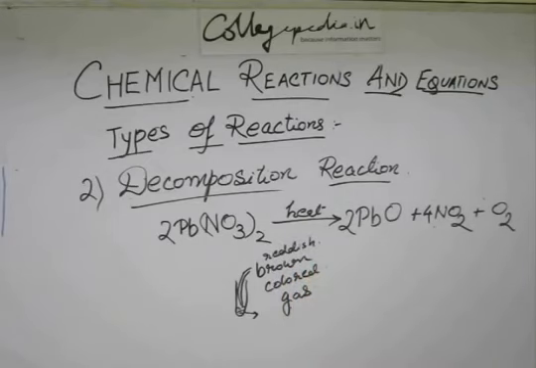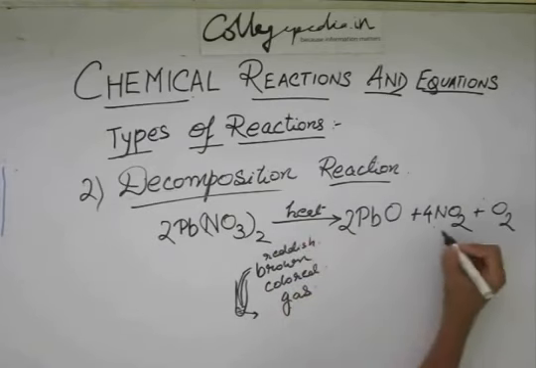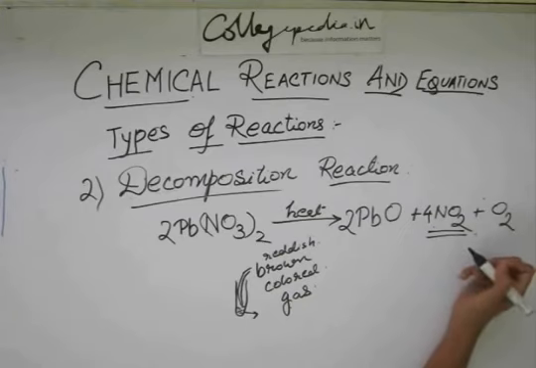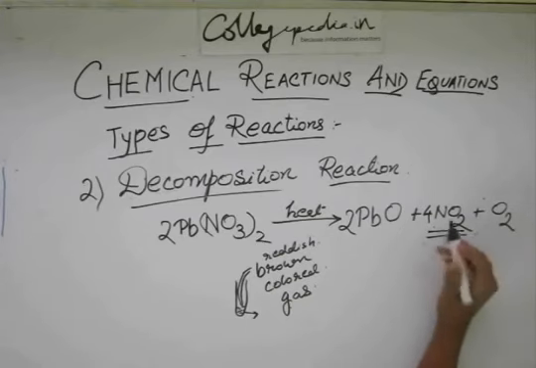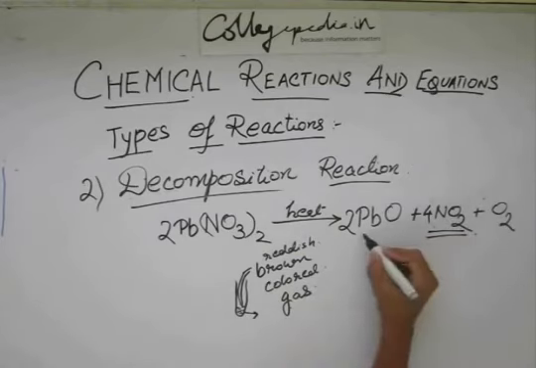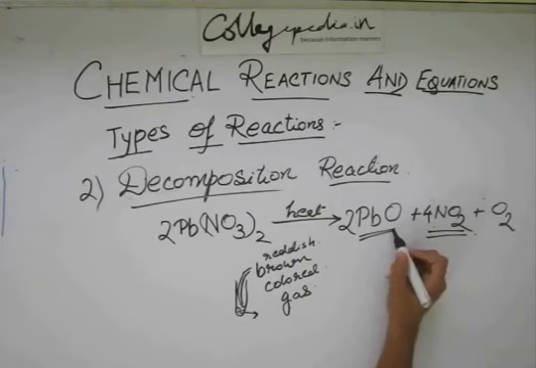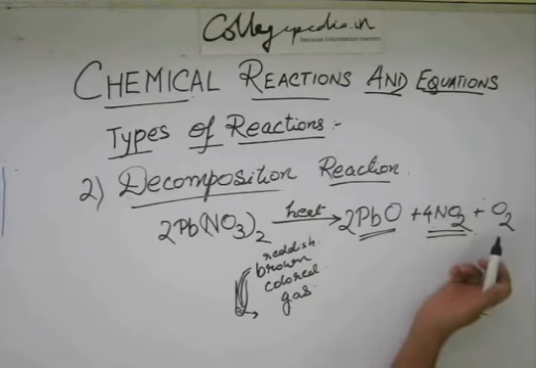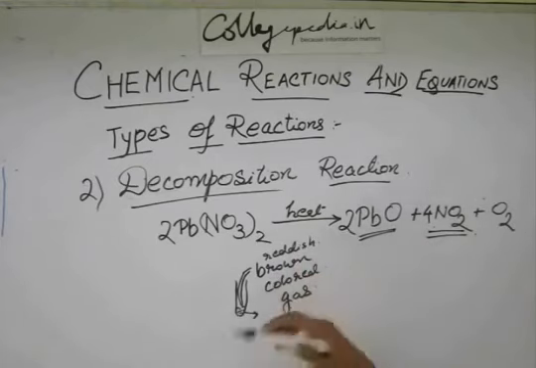What reaction took place? So this reddish brown colored gas is nothing but your NO2. Nitrogen dioxide is reddish brown in color, and the residue which was obtained is this lead oxide. And oxygen was also evolved, but oxygen being a colorless gas, you cannot see it.